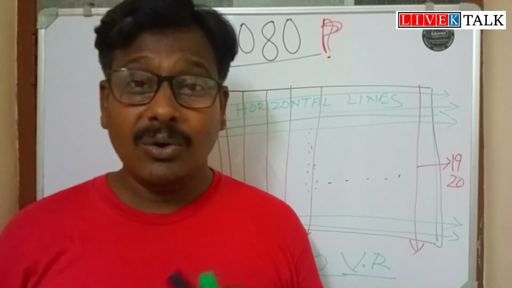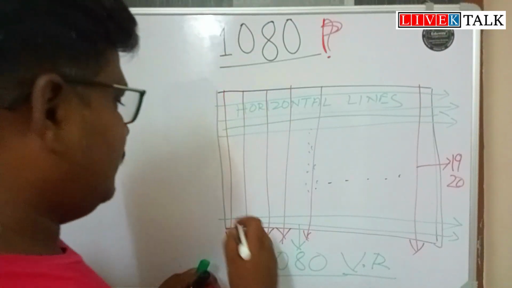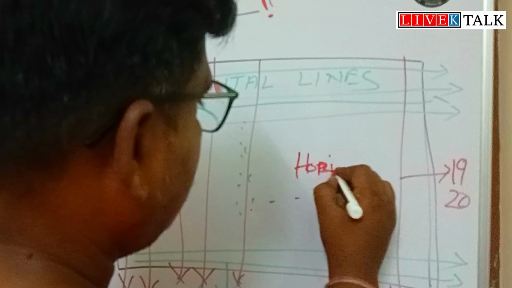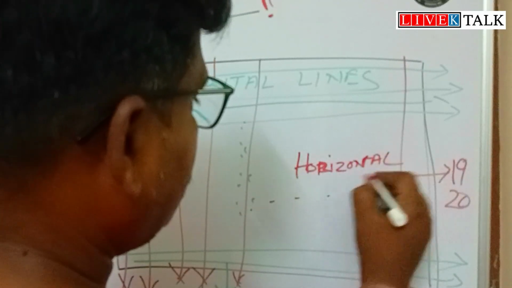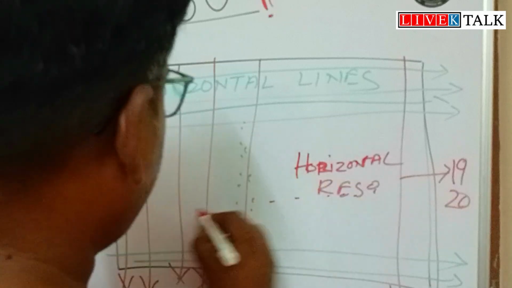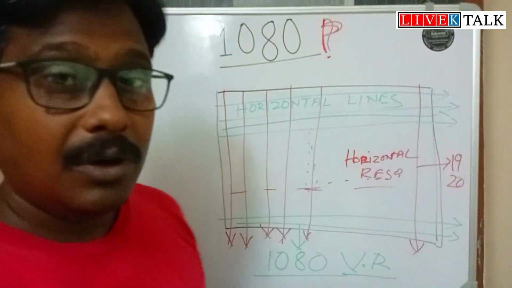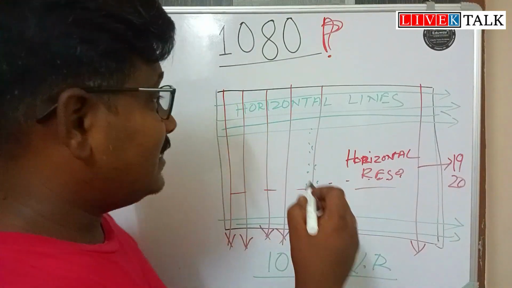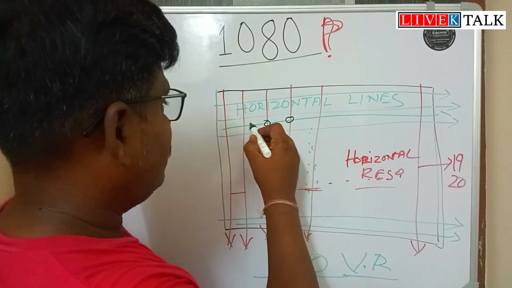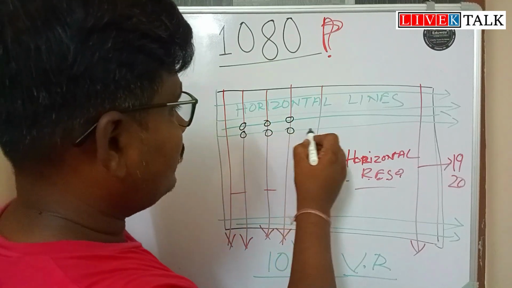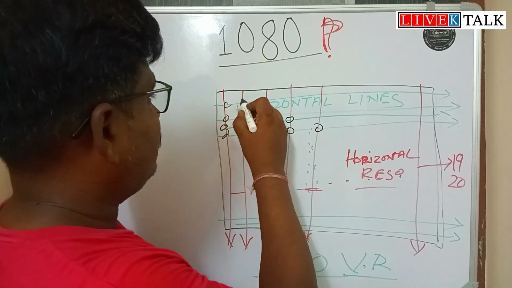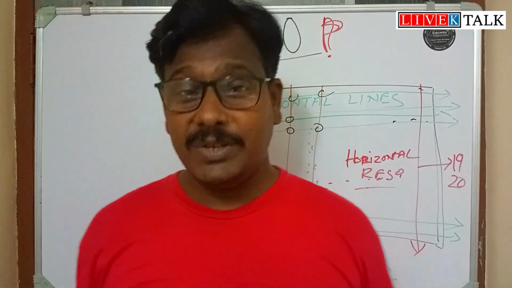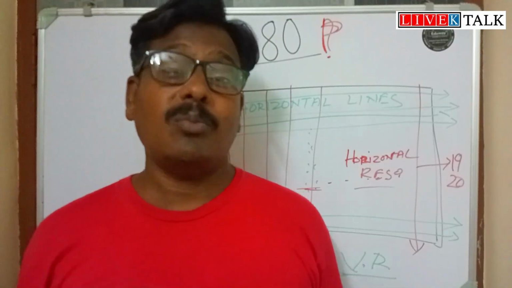These are called horizontal resolution. And what is the pixel here? These intersecting points of vertical lines and horizontal lines are called pixels. I have prepared a clip for better understanding.